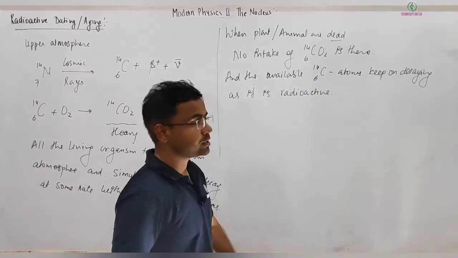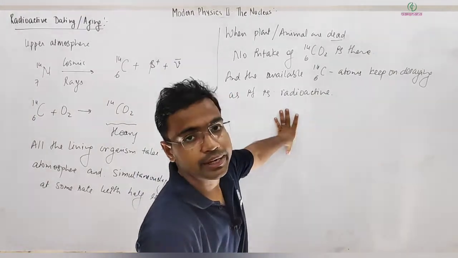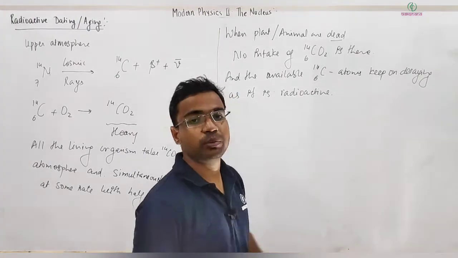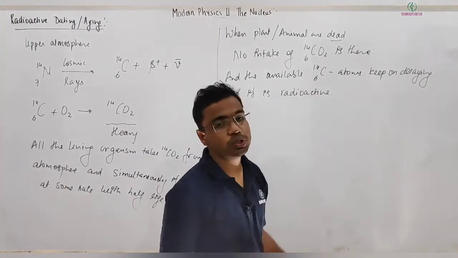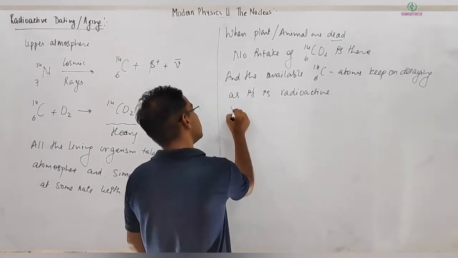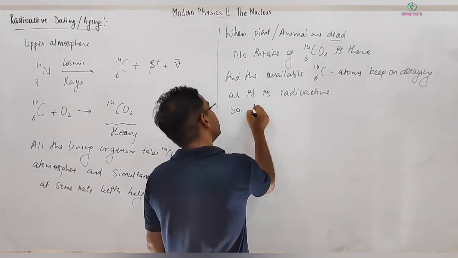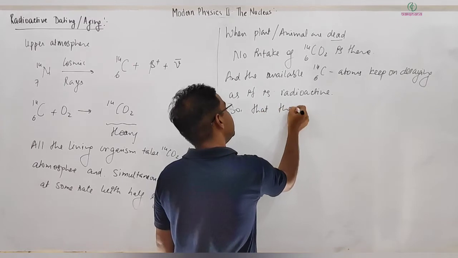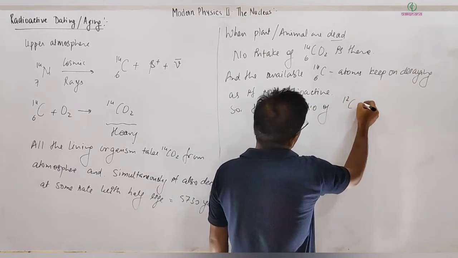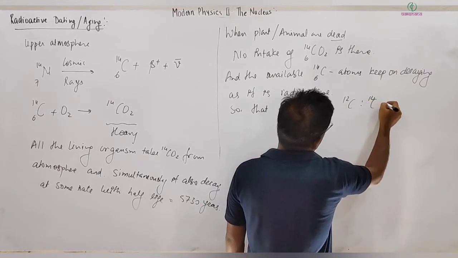So what happened actually is, once plants and animals have died, they are not living anymore, so this ratio started getting disturbed. They keep on decaying so that the ratio of C14 and C12 gets disturbed.